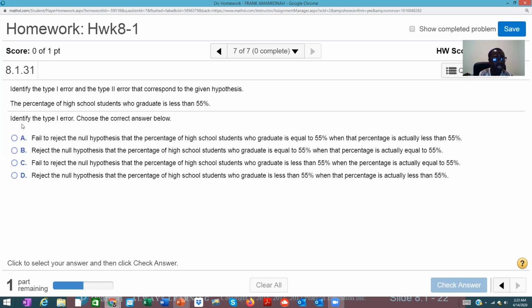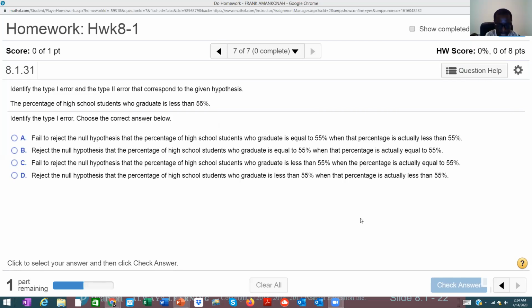The claim is that the percentage of high school students who graduate is less than 55%. I need to state my null and alternative hypotheses so that you know the difference.